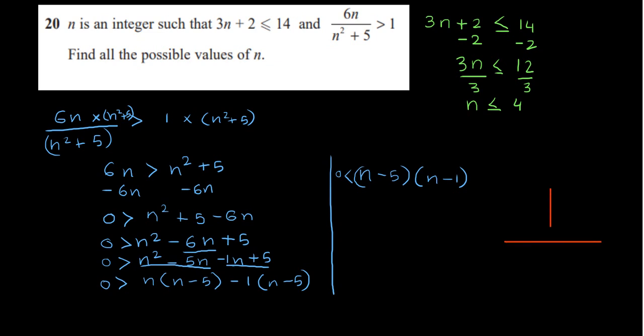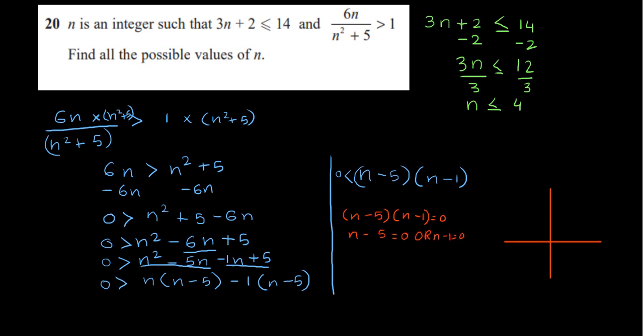So what I would do is I would imagine n minus 5 times n minus 1 is equal to 0. So I would get the answers either n minus 5 equals 0 or n minus 1 equals 0.